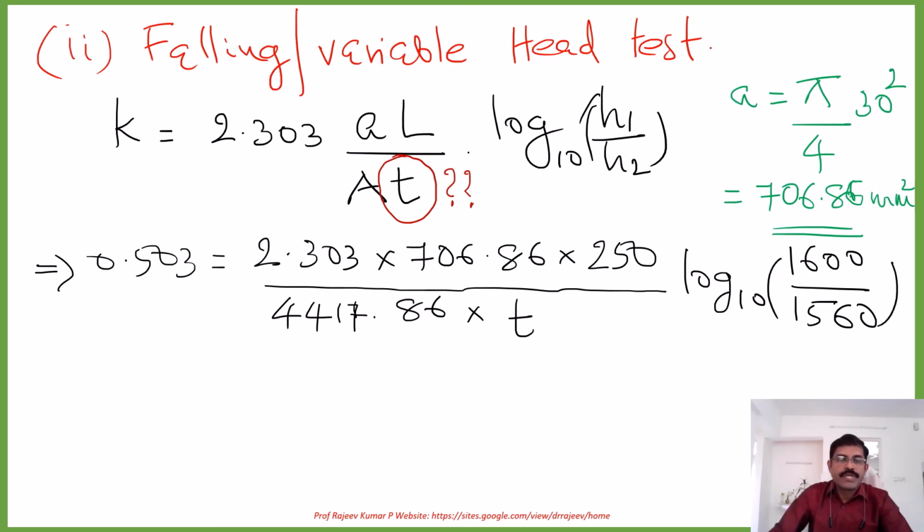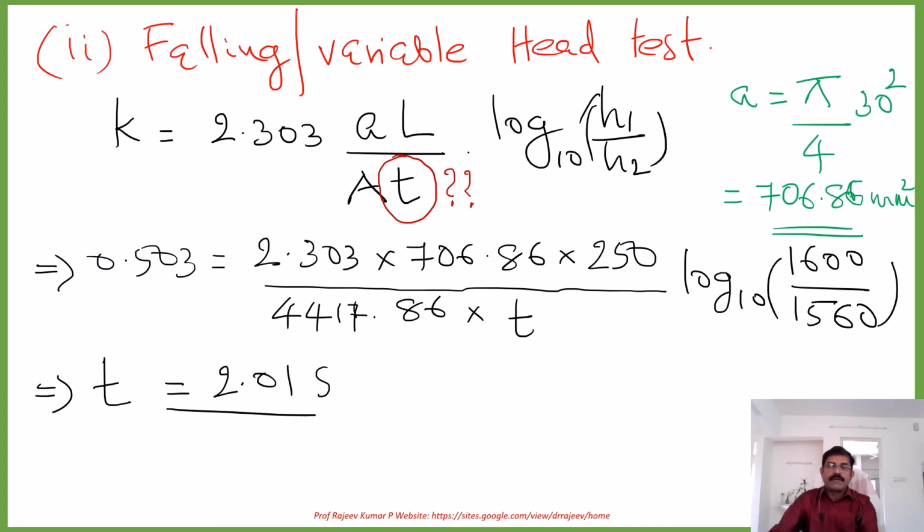Now you can calculate time, and after you substitute all these things, you will get 2.01 seconds, okay, 4 seconds. So this is the answer for this numerical. Similar questions you can expect in the examinations.